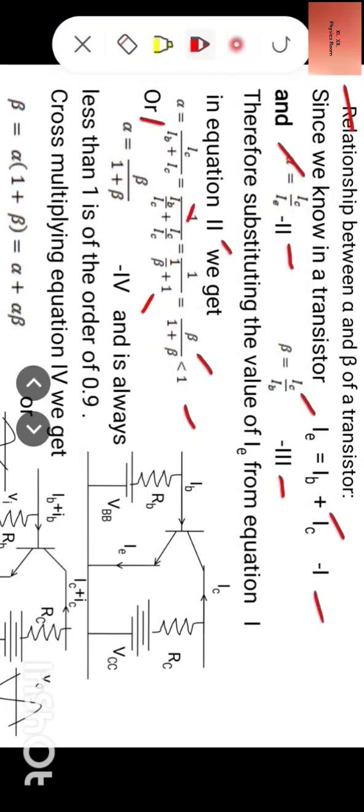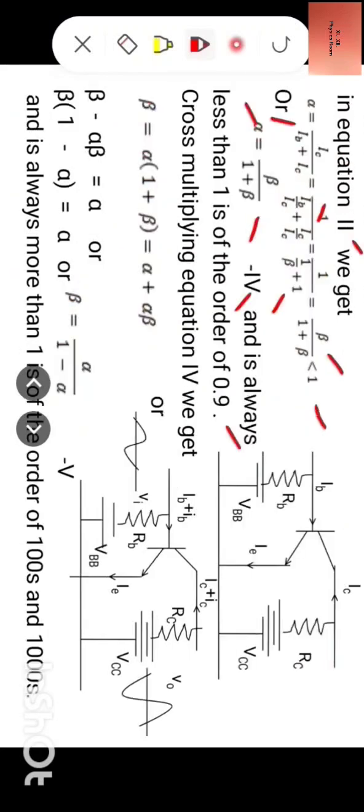Now alpha is equal to beta over 1 plus beta. Let us mark it as equation 4, and it is always less than 1, of the order of 0.9. Now the circuit diagram is the same. This is for DC conditions and this is for AC conditions.